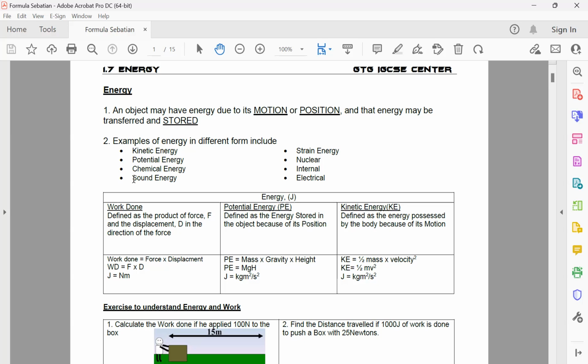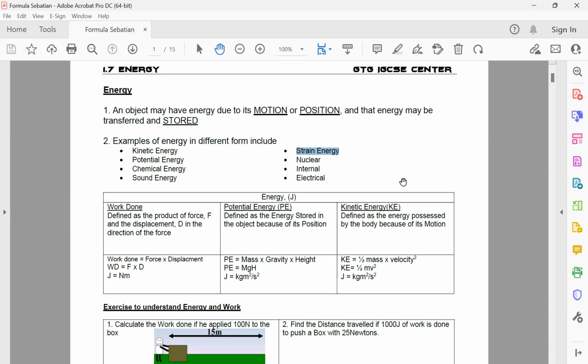Sound energy, very straightforward. Anything that has sound has sound energy. Strain energy. What is strain energy? Yes, very good. Strain energy is very similar to elastic energy. Anything that is compressed or elongated will contain strain energy.